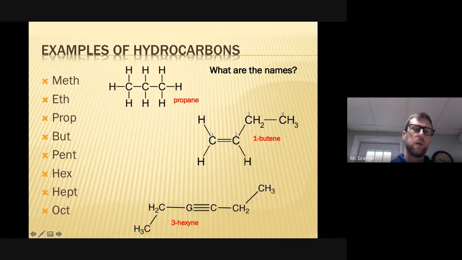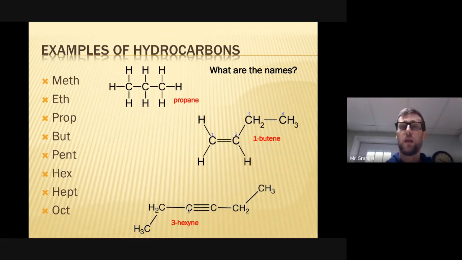Okay, so as we talked about with the previous example, the next question then, if it is hexyne, and we know that we have a triple bond, is where is the triple bond? So in this case, we need to count the carbons and find out where the triple bond is, keeping in mind, as we mentioned a minute ago, that these multiple bonds have to be counted with the lowest possible numbering system.